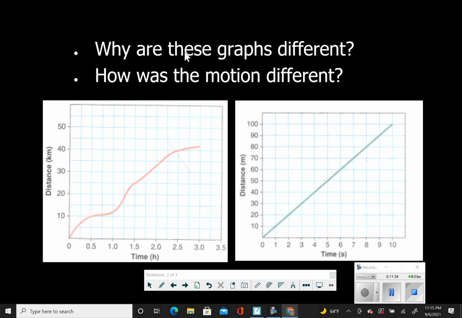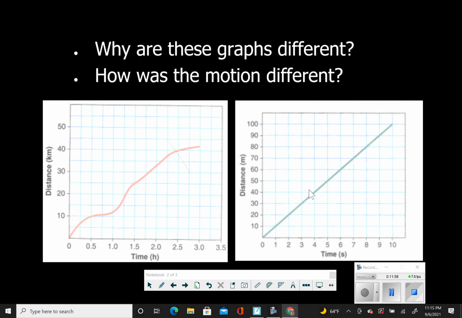Okay, why are these graphs different? How is the motion different? So, in both of these graphs, the object starts from home. Both of them show that the object is moving away from home because the lines move upwards. But this graph has curves. This graph is straight.